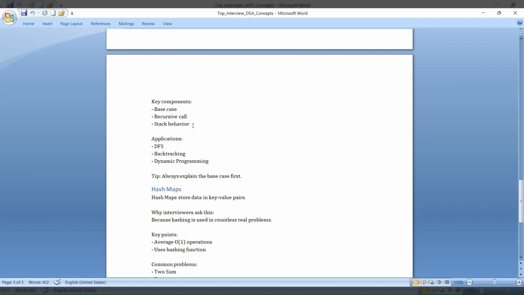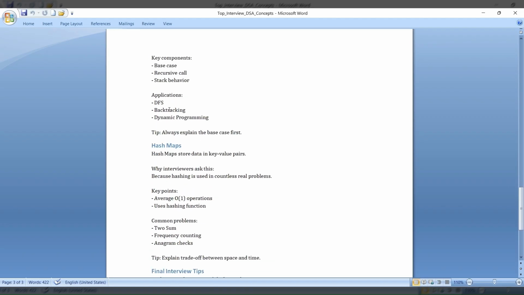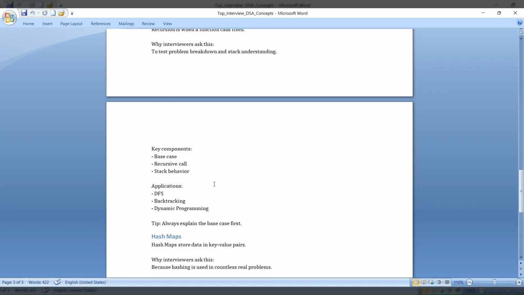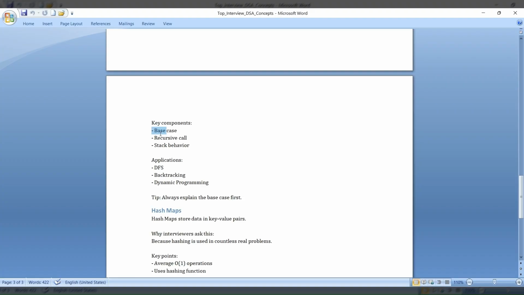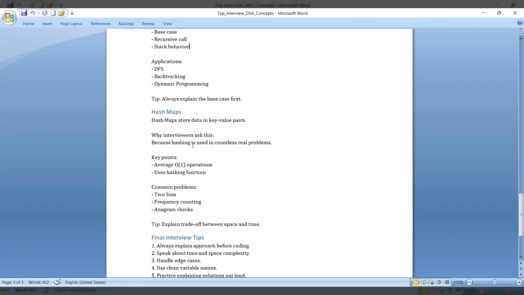That is the key concept you can follow. The applications are DFS, backtracking, and dynamic programming. The tip is to always explain the base case, but not only the base case, these three conditions are very important. You should explain them very well when you are asked this question.